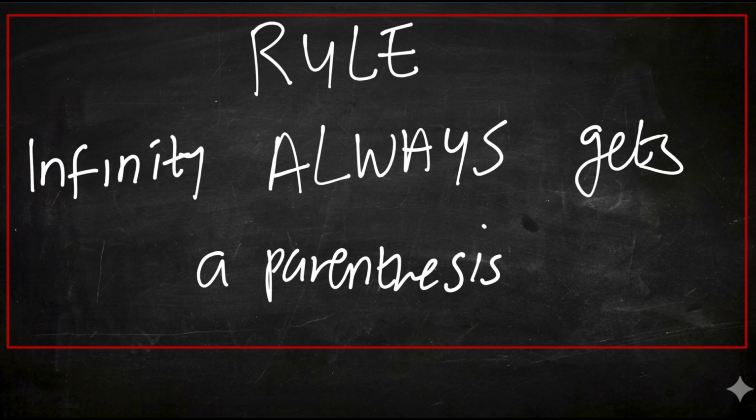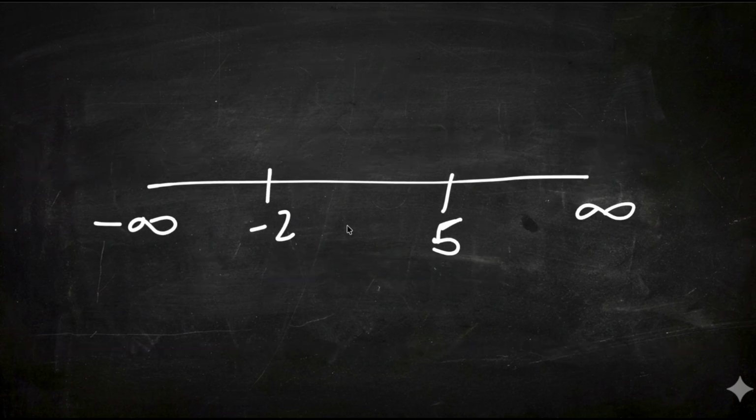Okay, what if I want all numbers between -2 and 5, but I don't want to include -2 and 5? Since -2 and 5 are not included, we would have open circles on both numbers. But now that we have the number line, how do I convert this to interval notation?